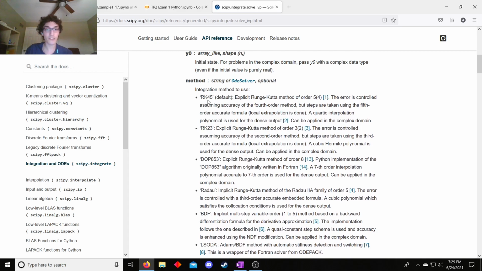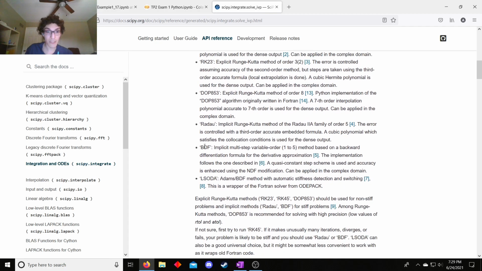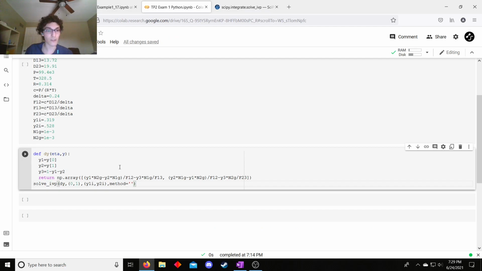I'd love to try some of these sometime. Some of them seem pretty cool. Like BDF, that's probably pretty cool. But yeah, I'm going to be using Radau though. Tell me all about your favorite method in the comments. I'm using Radau because it's the best. Don't ask me why, because it just is. So we'll do Radau.